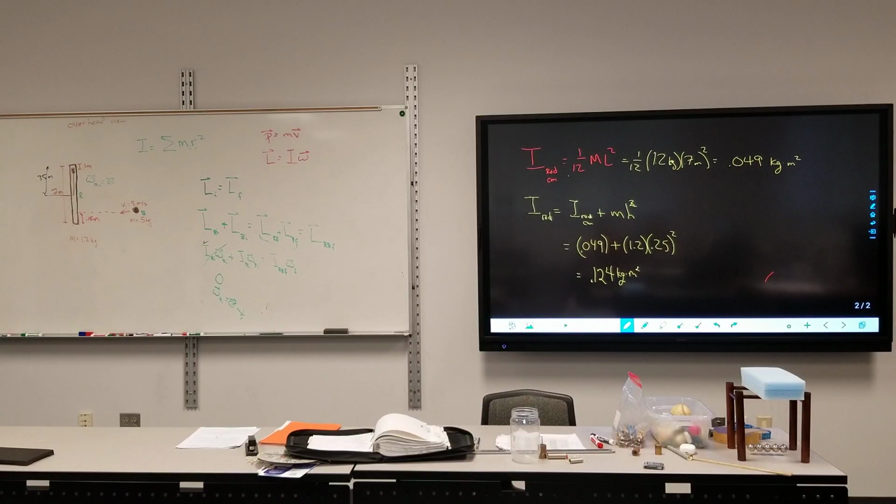Now we've got the moment of inertia of the ball and the angular velocity of the ball for something that's traveling in a straight line. So the question is, how do we figure out the angular values for something that's traveling in a straight line?